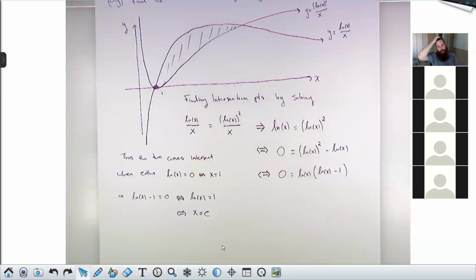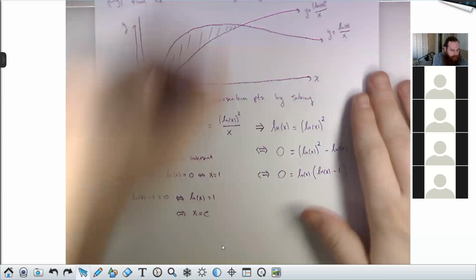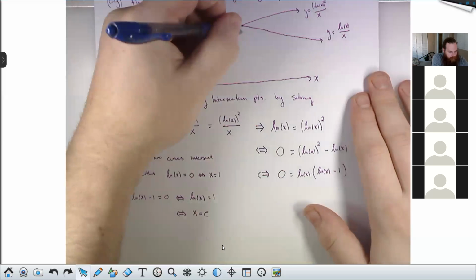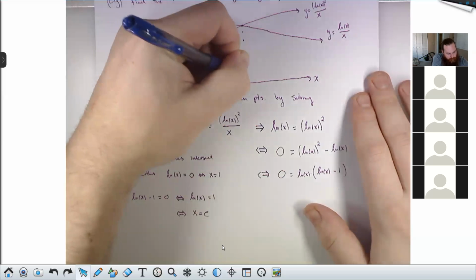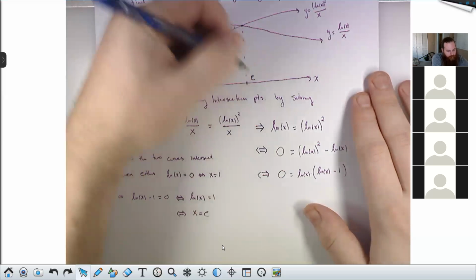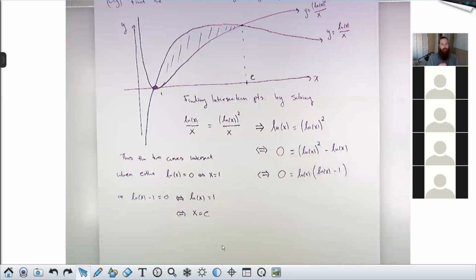So your intersections are at 1, and this guy over here is e. Everybody okay with that? Questions about how we solved this?